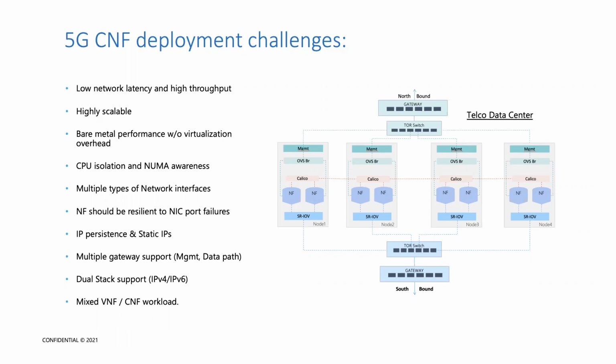Some of the key requirements when operators deploy their telco data centers are managing their network functions in a cloud native world, to achieve things like low latency and high throughput for the 5G applications, as well as being highly scalable and achieving very good performance at the edge, as well as at the core for their 5G solution.